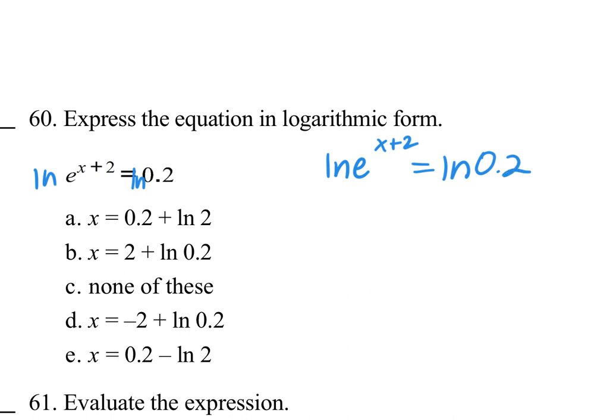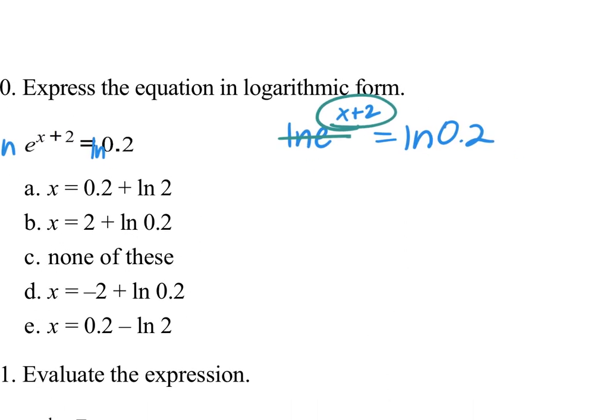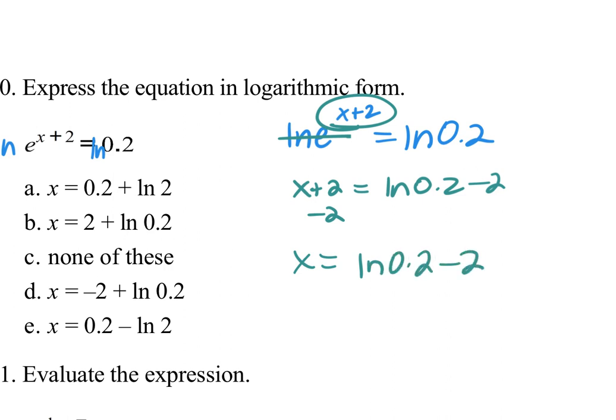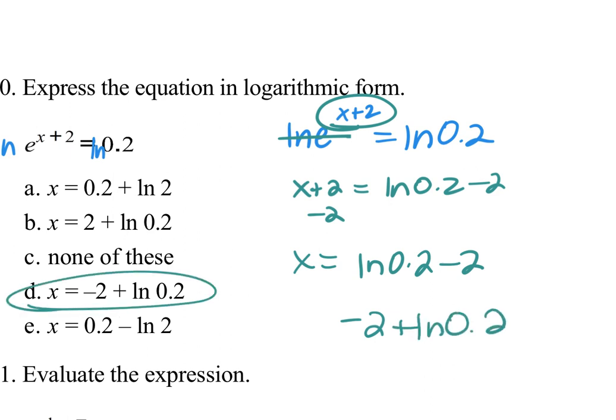And then ln of e cancels and gives you what's on the exponent. So it'd be x plus 2 equals ln of 0.2. And then to isolate that x, you're going to subtract the 2. And then when you go to the answer choices, that order's not there. They're just flip-flopped. It says negative 2 plus ln of 0.2, which is D.